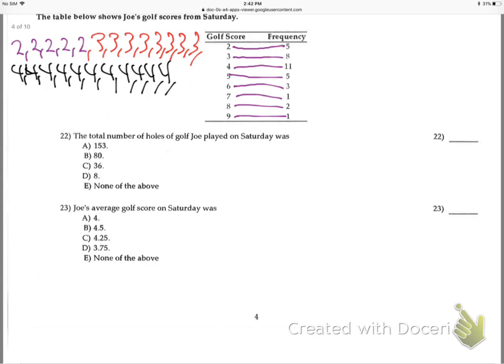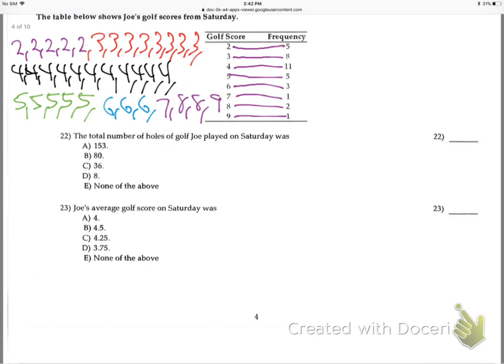Okay, what's next? 5 5s. 1, 2, 3, 4, 5. And what's next is 3 6s. And then next is 1 7, 2 8s, and a 9. There we go. So that's what that's really saying.